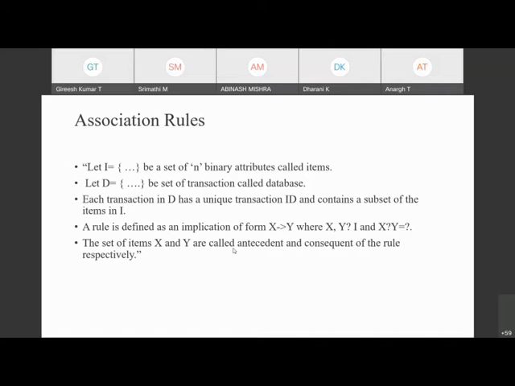In general, rule mining systems have single antecedent and single consequence, single antecedent and multiple consequences, multiple antecedents and single consequence, or multiple antecedents and multiple consequences. Association rule mining is also one type of antecedents and consequences. Up to this point, clear?